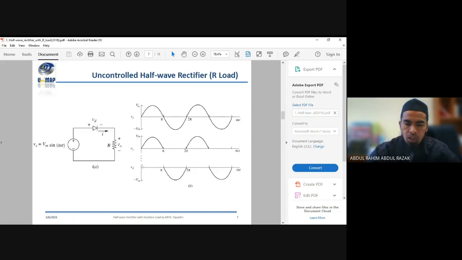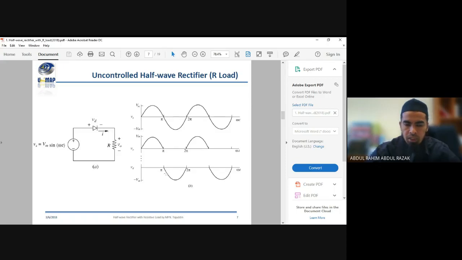But when you measure across the diode itself, you can see that during the positive cycles, the voltage drop across the diode is 0 because it allows current to flow. But when the negative cycles happen, it blocks, from right to left here.